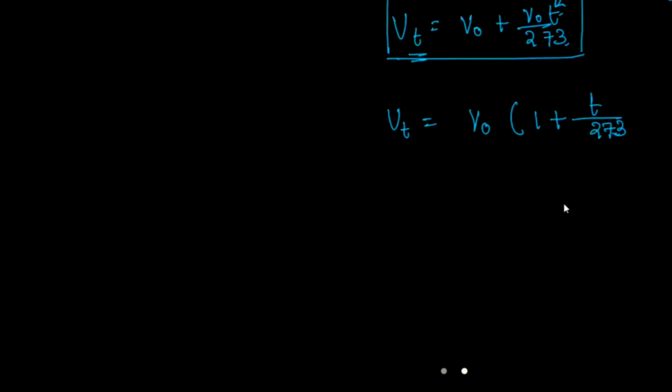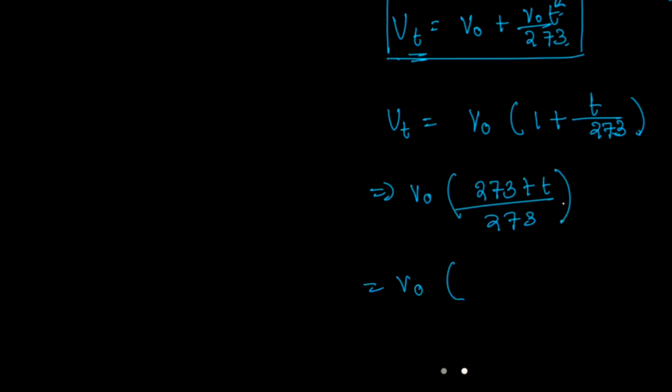Now Vt equals to V0 into 273 plus T by 273. So 273 plus T. This is the value in Kelvin, isn't it?